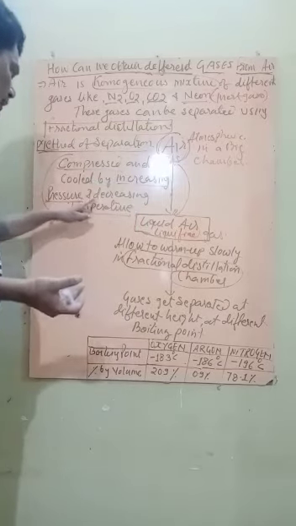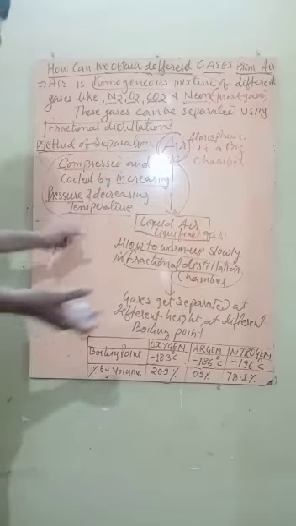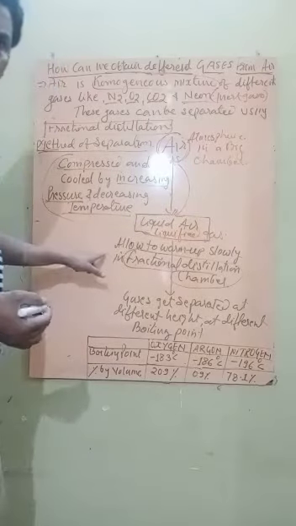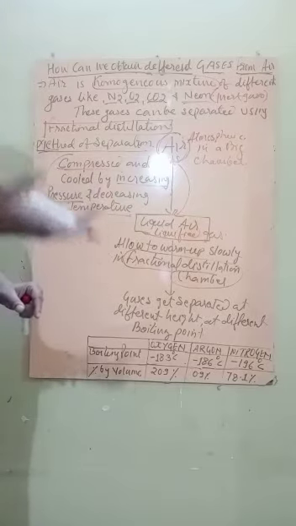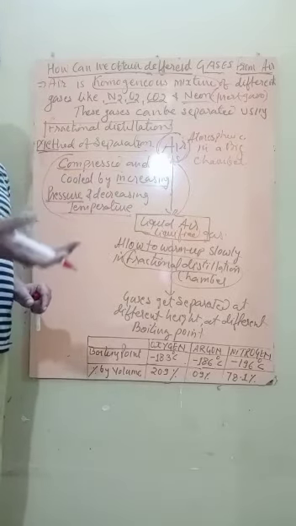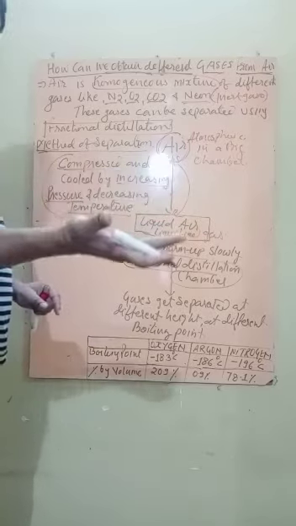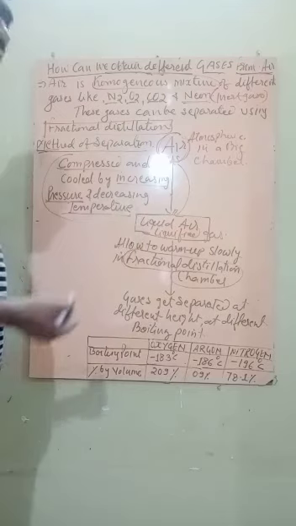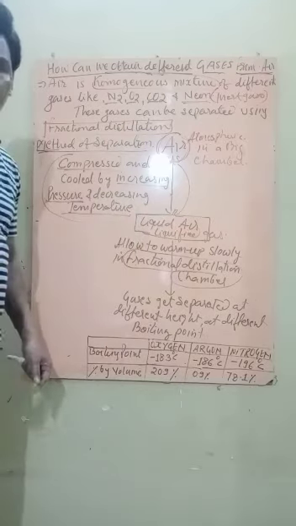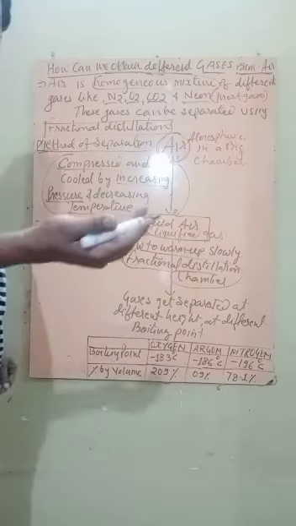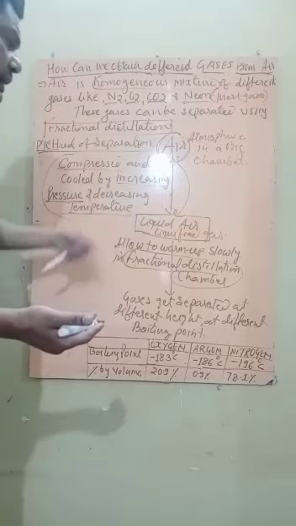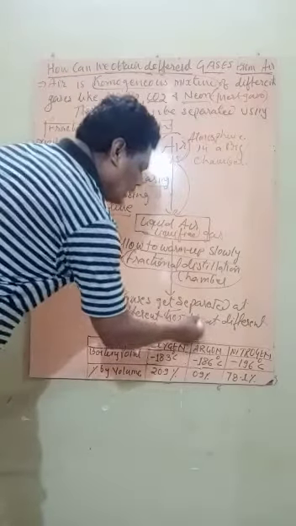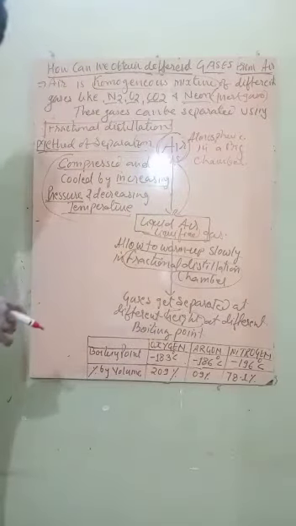Earlier the temperature was very low, but when we increase the temperature in the fractional distillation chamber, the gas whose boiling point is low will convert into vapor, and this vapor will collect in the upper part of the chamber. The gas whose boiling point is a little more requires a different temperature, and at different heights they get collected or separated.